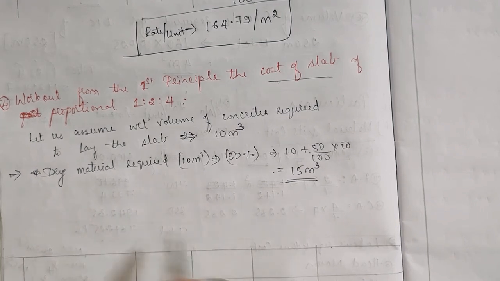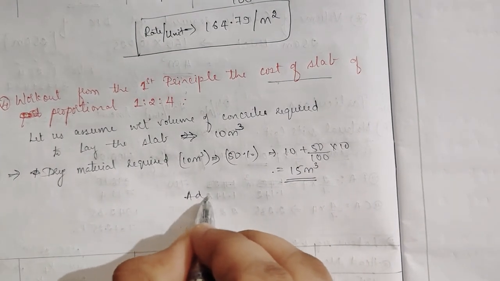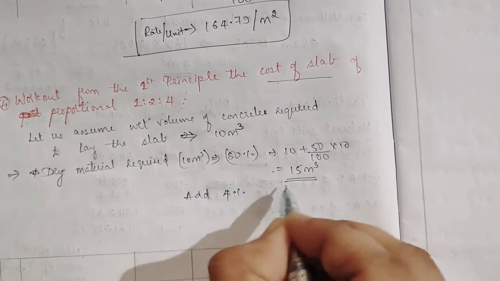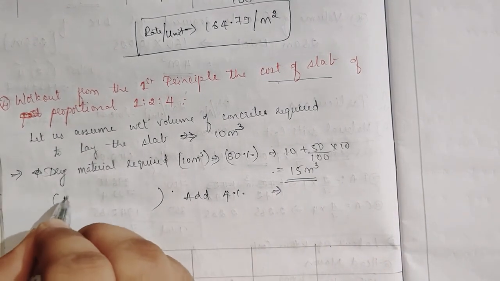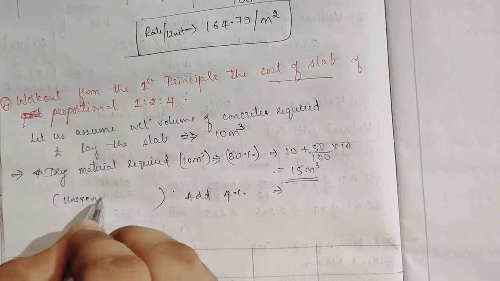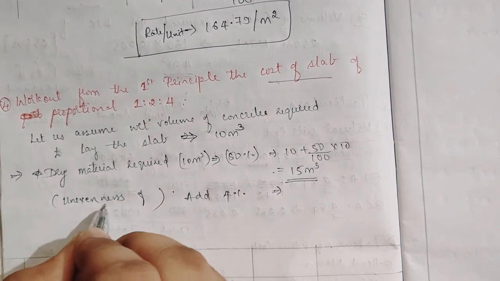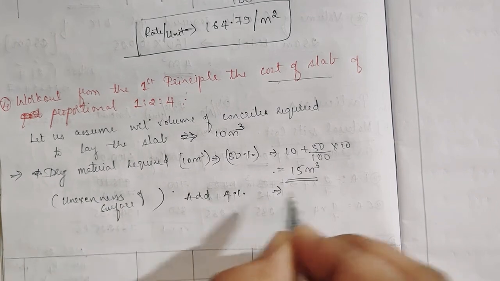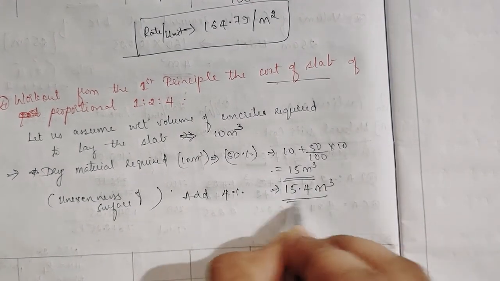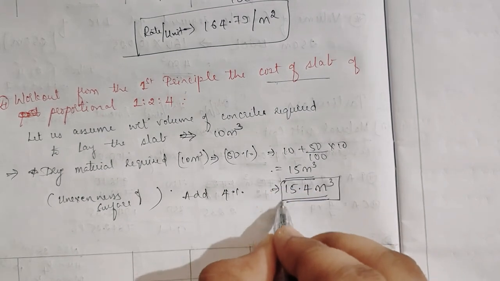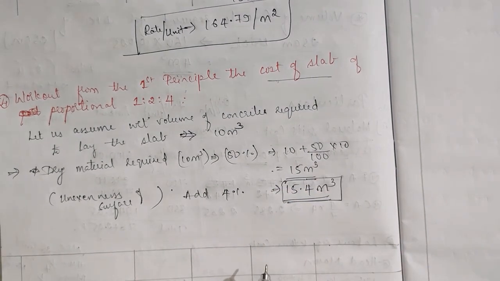Then add 4% for unevenness of surface. So that will be 15.4 meter cube. So I got the volume for which I need to calculate.